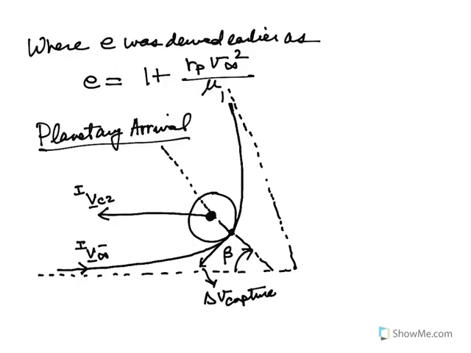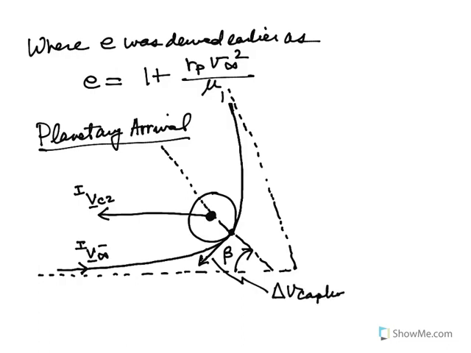Now, in this diagram, this direction right here is the direction to the sun. So actually, let me move this impulse over just a little bit so that we don't get too much interference here on these pieces. So here's the impulse. I'm going to move this over here. This is delta V capture.